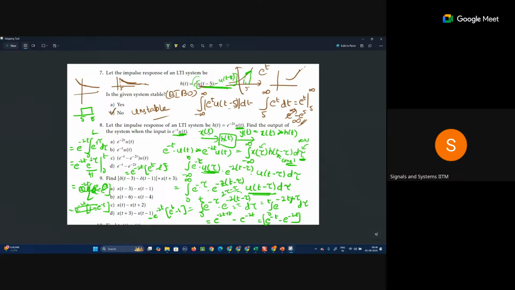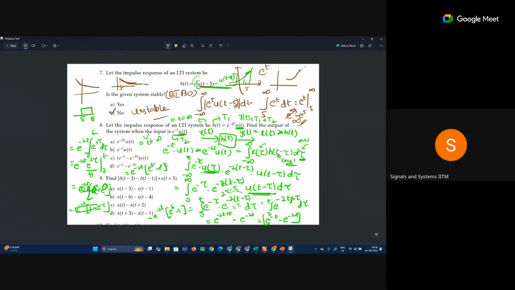If the duration of one is t1 and the duration of the other is t2, then y of t will be at most t1 plus t2. The input is from 0 to infinity, and h of t is also from 0 to infinity.